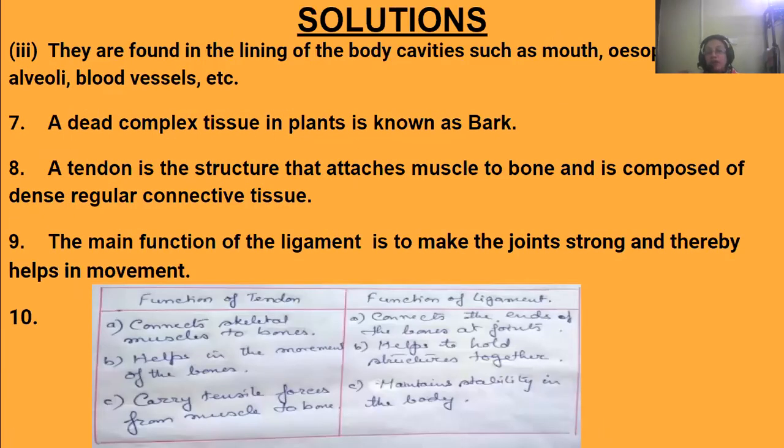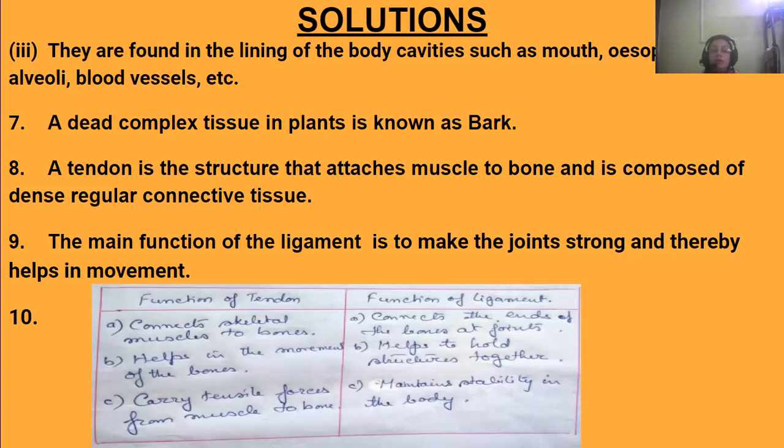The function of a tendon is to connect skeletal muscles to the bones, whereas ligaments connect the ends of the bones at the joints, bone to bone. The tendon helps in the movement of the bones, and the ligament helps to hold the structures together strongly.